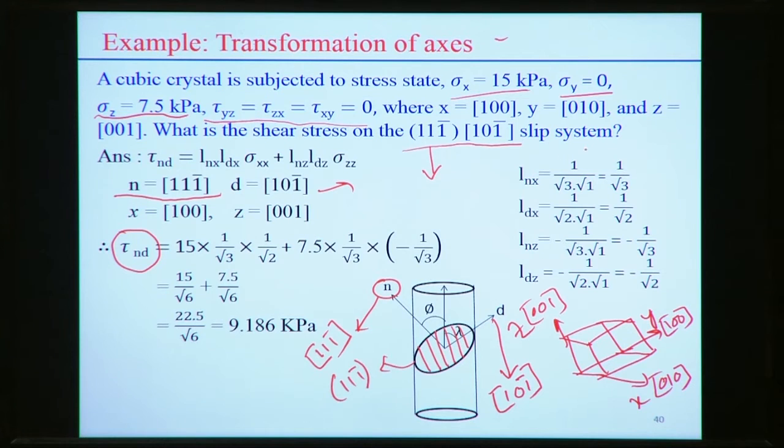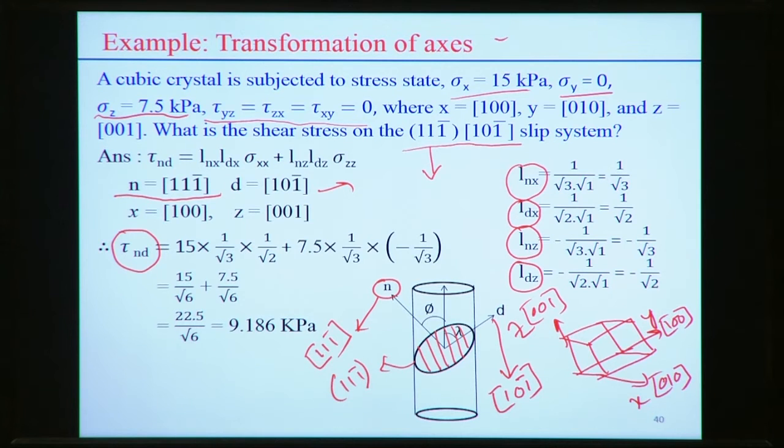Now we can find out the several direction cosines, for example l_nx and l_nz, to find out tau_nd. l_nx, l_dx, l_nz, l_dz, these components are required.